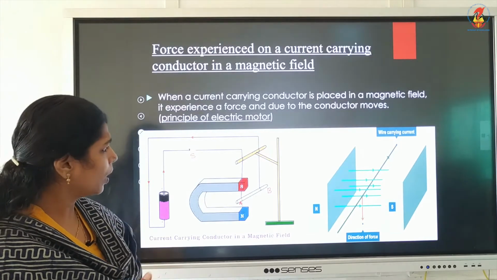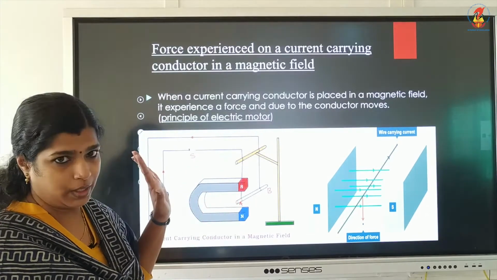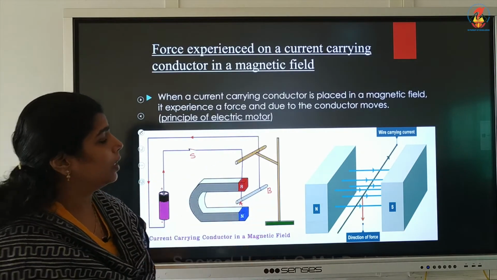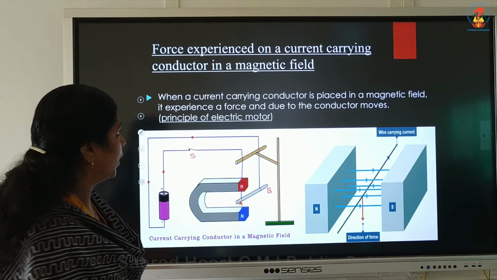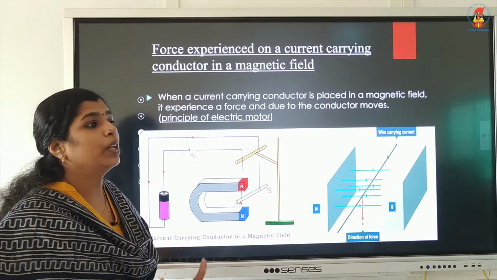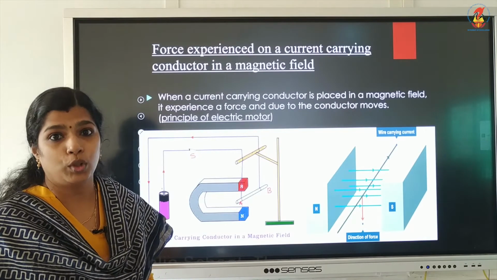That is the activity, the experimental setup. When a current carrying conductor is placed in a magnetic field, it will experience a force. That is the working principle of the electric motor.